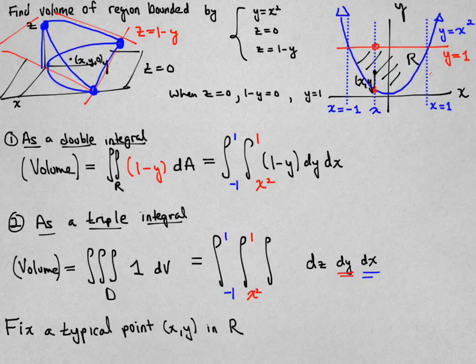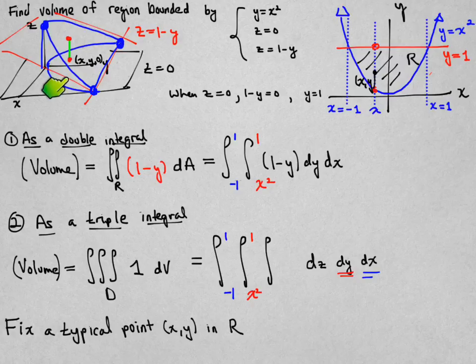To do that, I'm going to now fix a value of x and y. So we're going to fix a typical point xy in our region R. And in this 2-dimensional picture, I've chosen this point here for x and y. And that corresponds to some point in the projection down here, x, y, and whose z coordinate is 0. I'm then going to extend a vertical line parallel to the z-axis through my region and through my point that I've chosen.